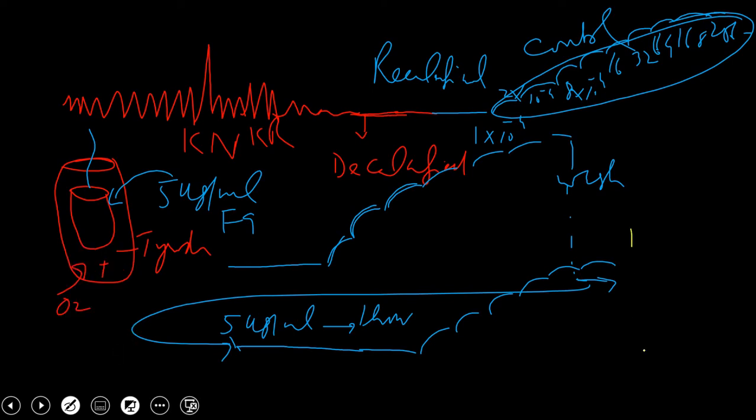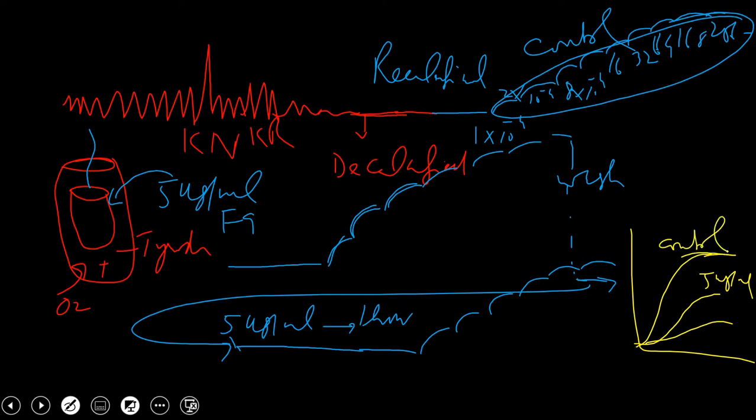You can see this is a control response. Then in the presence of 5 microgram per ml of F9 molecule, and then you repeat it. So this is the control response. Control means without drug, without F9. And remember, if some channels, voltage gated calcium channels, are blocked by F9, what will happen?